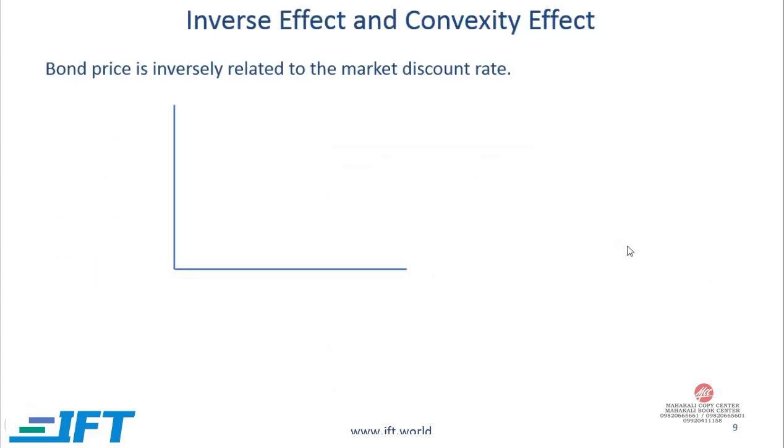Let us look at the inverse effect and convexity effect graphically. If we plot the price of a bond relative to the market interest rate, we will have a curve which looks like this. And let's put in numbers for bond B. With bond B, the coupon rate is 20% and the maturity is 10 years. Let's say that this represents the par value.